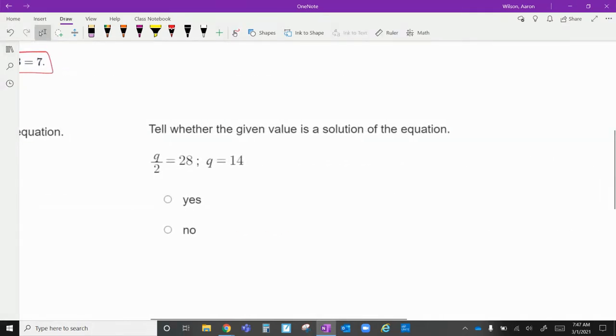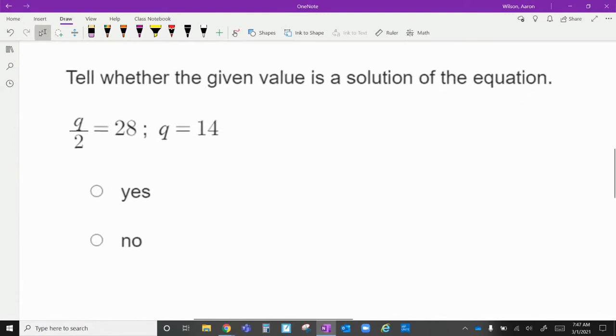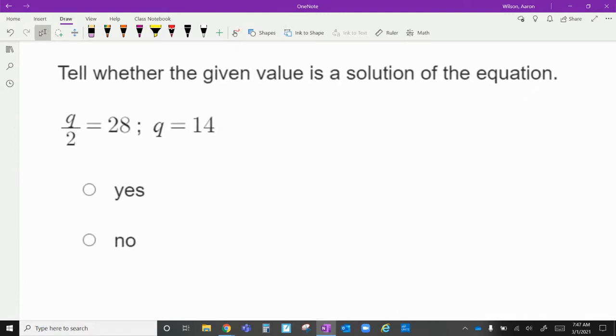Now on to a maybe a bit more challenging looking problem. You have that line, the line right in between the q and the 2. It looks like a fraction because it is a fraction, but the line means to divide. So when it says tell whether the given value is a solution of the equation, this actually means q divided by 2 equals 28.